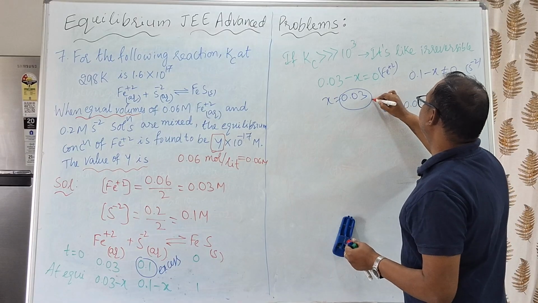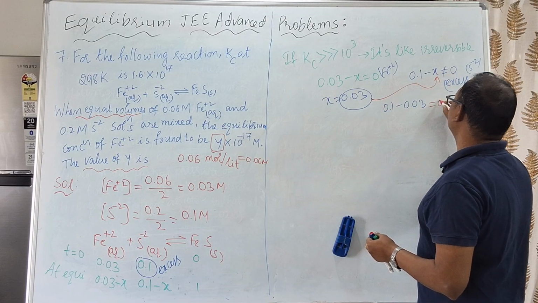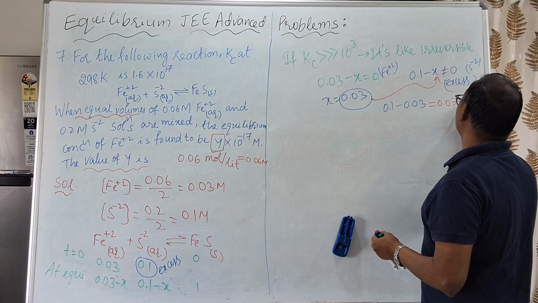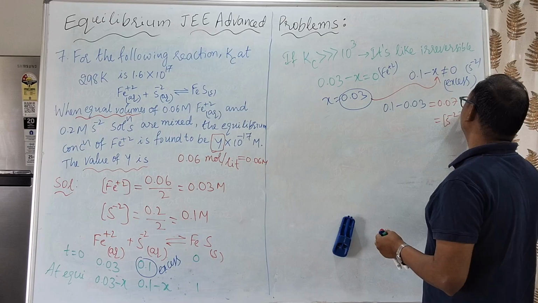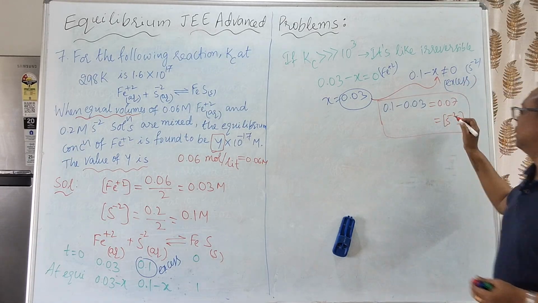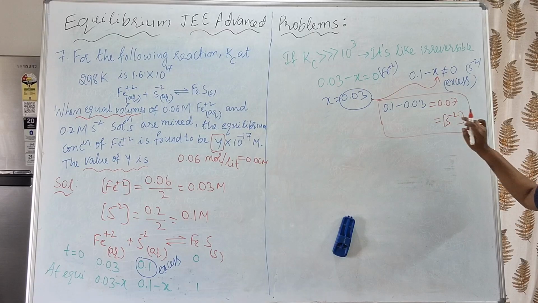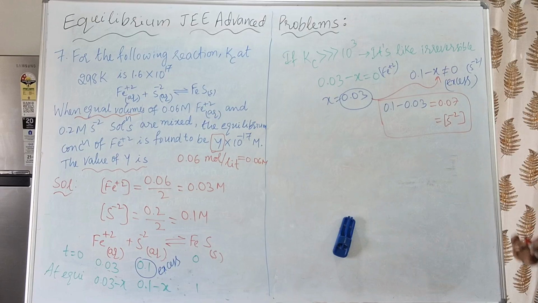Therefore it equals 0.07. This is the concentration of S minus 2 at equilibrium. Keep that in mind, all of you. At equilibrium, the concentration of S minus 2 is 0.07.